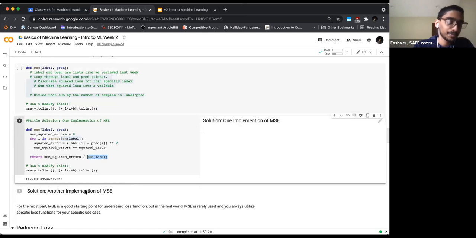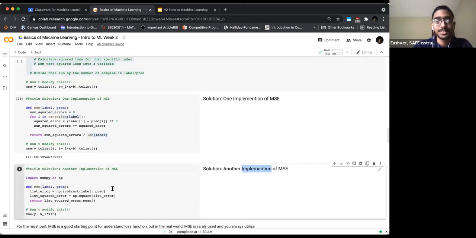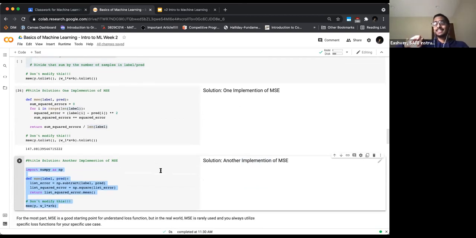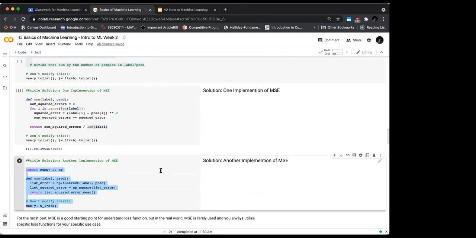Does anyone know what I did here for the second implementation? I can try. So first you import numpy. That's for arrays, right? It's just a module that helps with arrays. Then error equals numpy dot subtract label and predict.